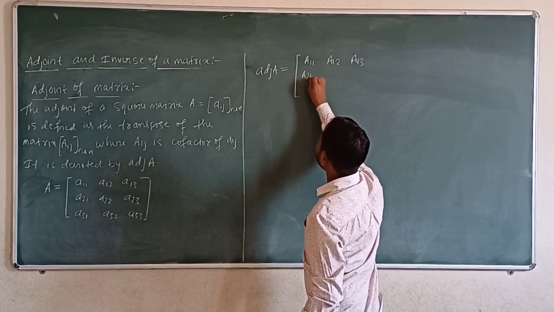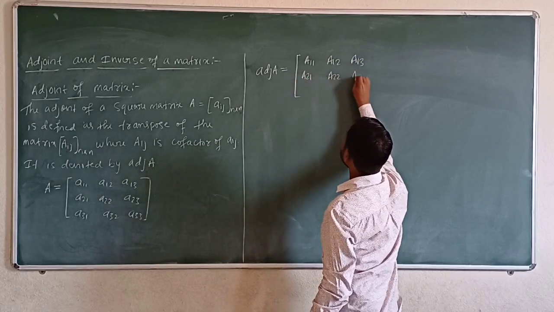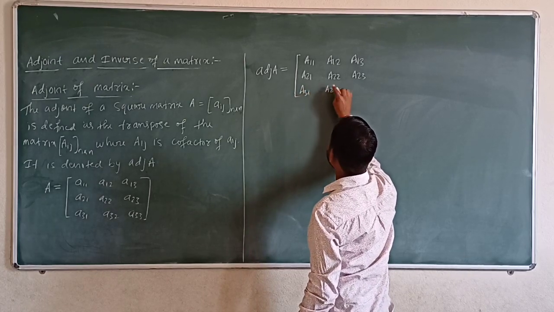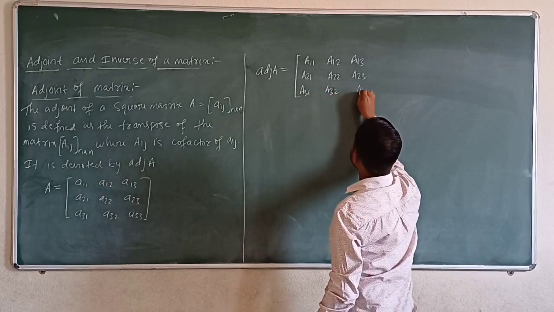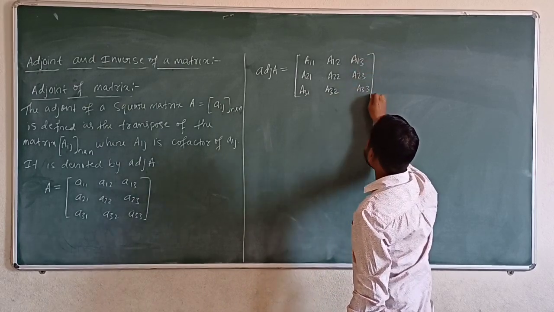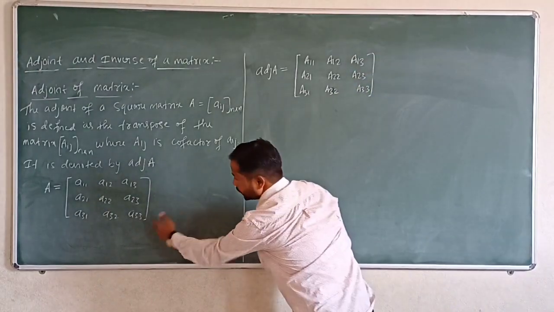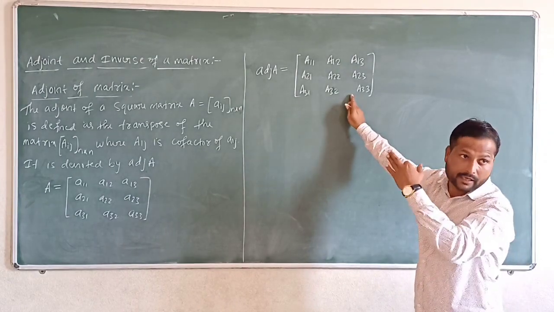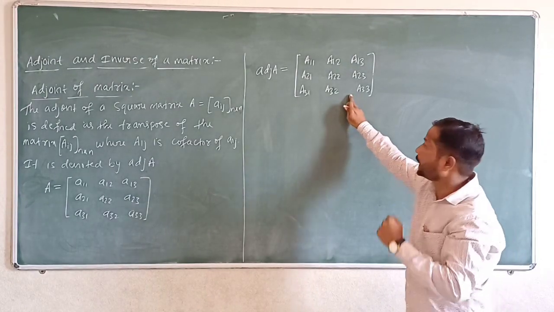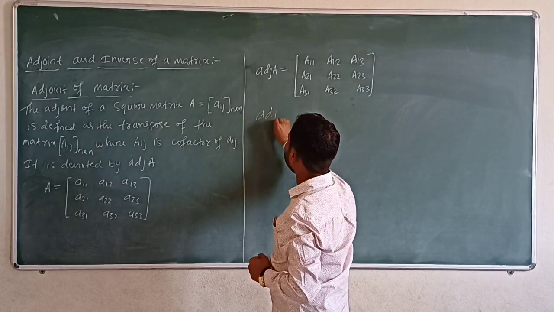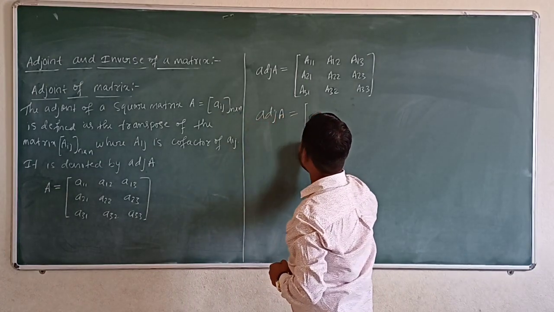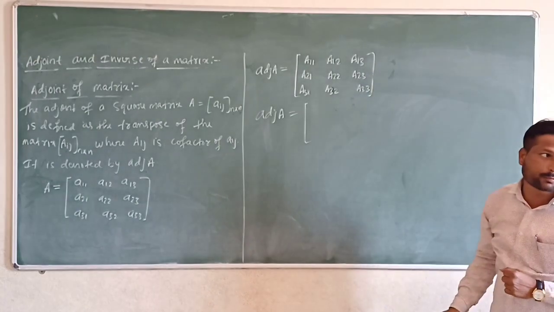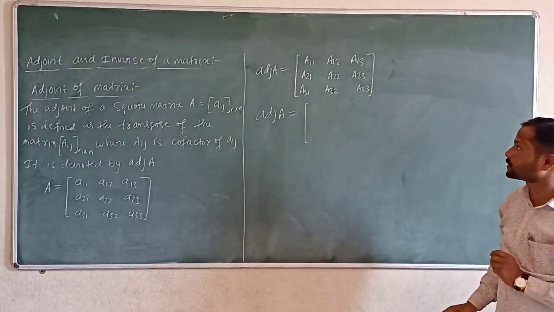Next A21 cofactor, A22, A23, next A31, A32, A33. This is the cofactor matrix. The adjoint of A is the transpose of the cofactors of the matrix.